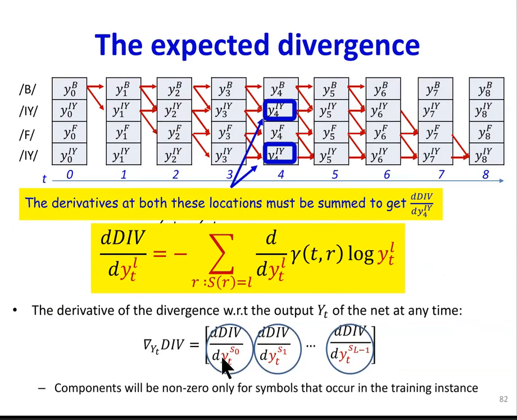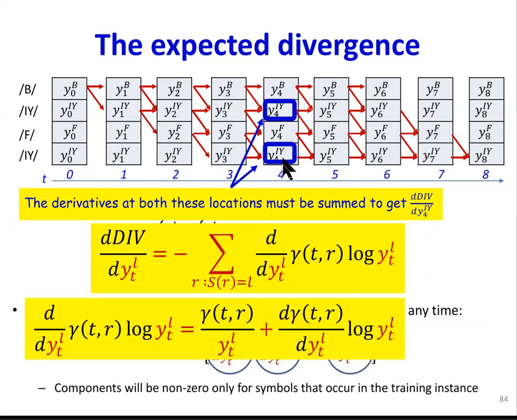And for the symbols that are here, it's simply going to be minus 1 over the probability of the symbol times the sum of the gammas for all the rows where the symbol happens, right? But then there's the second thing, right?